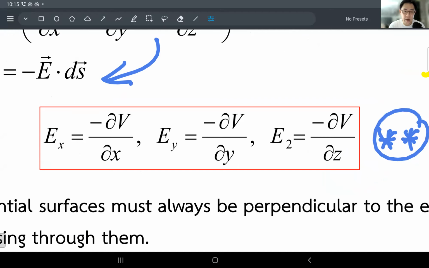As I told you last time, even though you don't understand the foundation of vector calculus in full detail, the operation is just like a recipe that's very easy to follow. All you need to do is take the potential function and differentiate with respect to x.